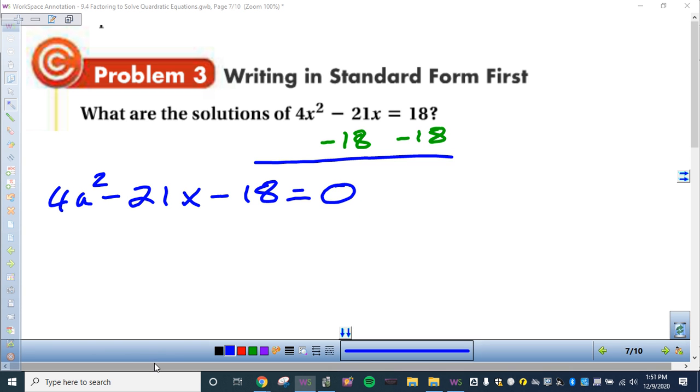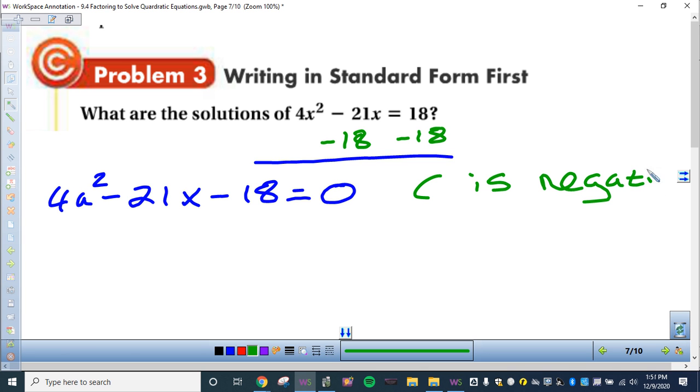The c term is negative, so we're subtracting the factors. So if you like writing those helpful hints down, if you don't, you should. If c is negative, we subtract factors.